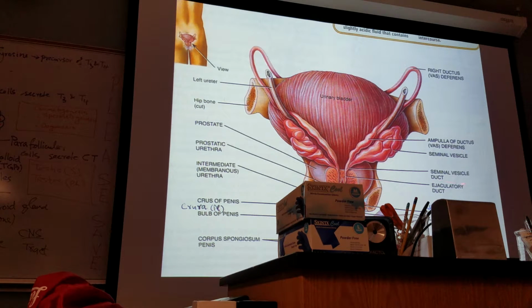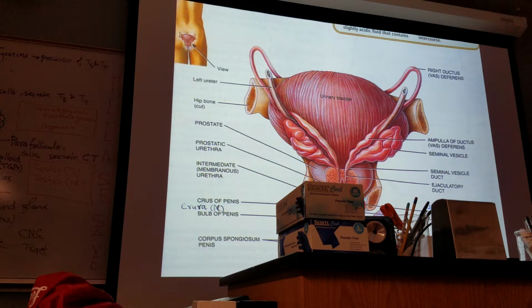Look at the duct of the seminal vesicle that joins with the vas deferens, the ampulla of the vas deferens here. The terminal part of the vas deferens becomes swollen, and this and the seminal duct join to form the ejaculatory duct, releasing the contents into the prostatic urethra.